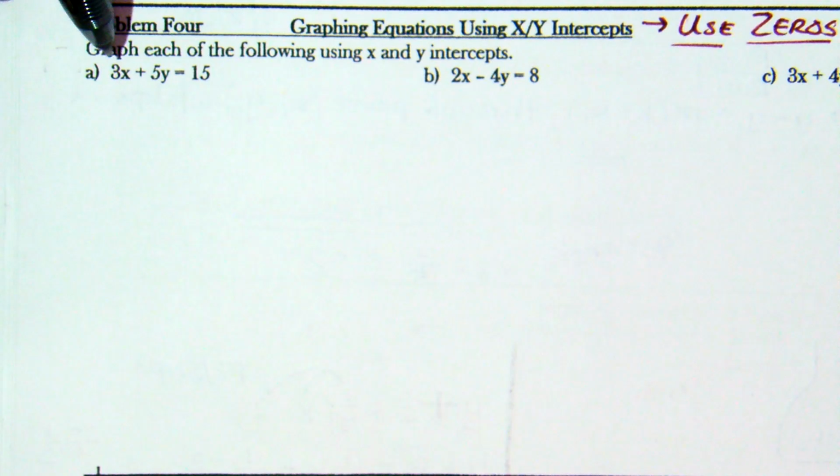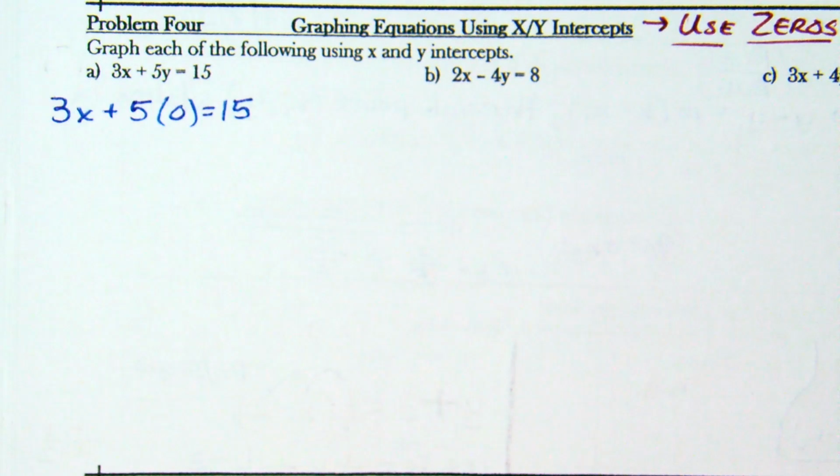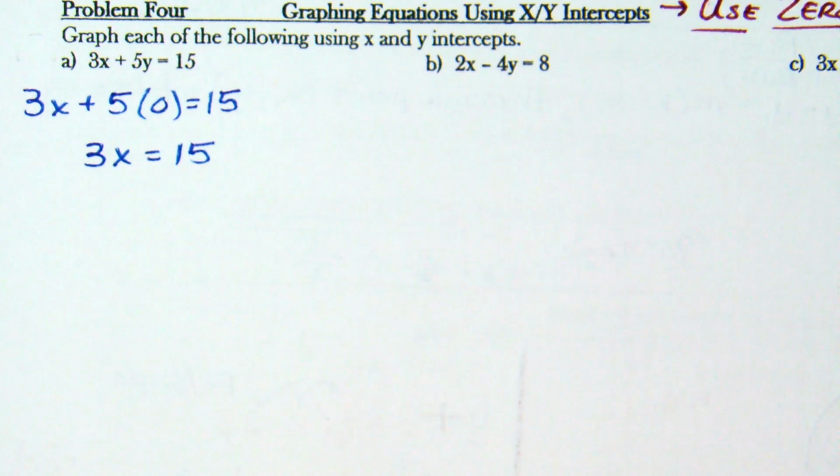If 3x equals 15, then what? Divide by 3 and x is 5. So what is the ordered pair that represents this? 5, 0, because x is 5, and what did I use for y? 0.